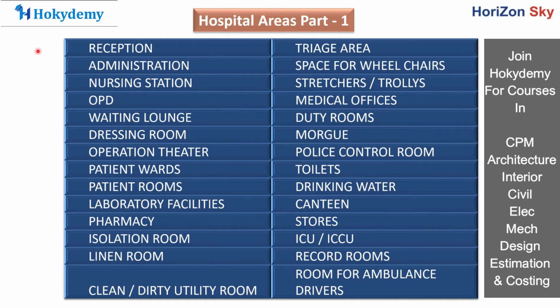Then we have the record rooms. Now all the records of the medical history of any kind of patient is being kept or stored in the record rooms, because many a times what happens is they can be used for various purposes, like some kind of case is being dealt with at present, then the results of that case, what scenarios happened, those can be replicated into the future patients for better results.